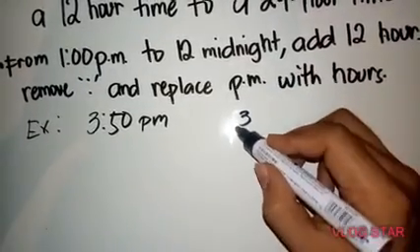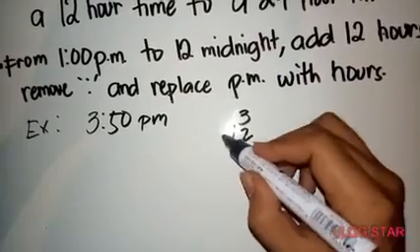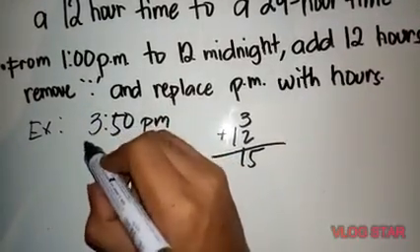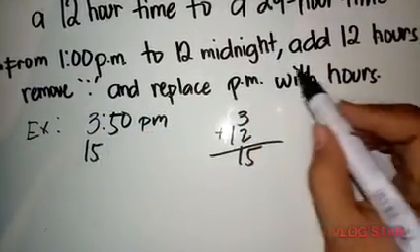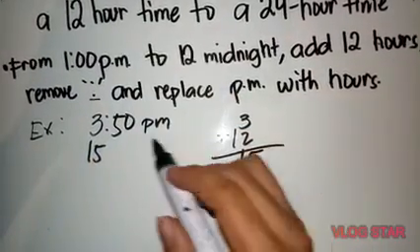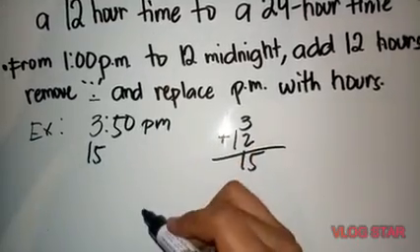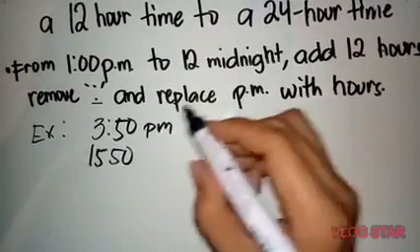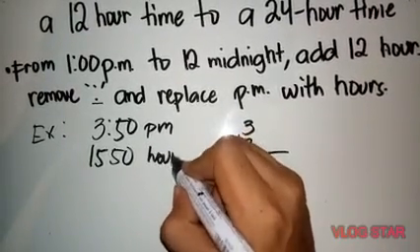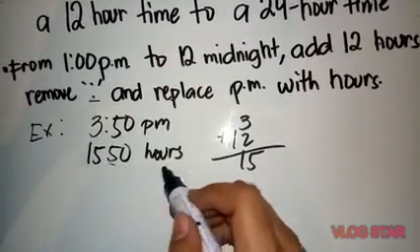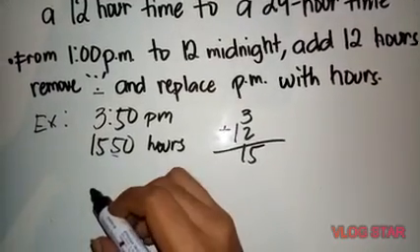So 3 plus 12, we can get 15. Then write 15, remove the sign in between the hour part and the minute part, then change PM into hours. So that's it, 15:50 hours.